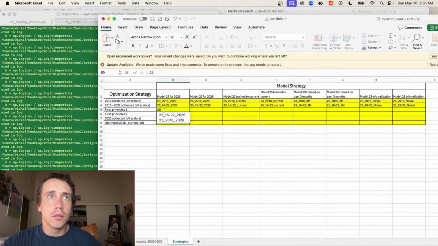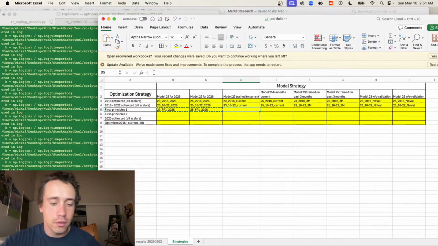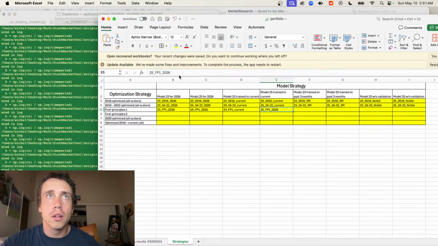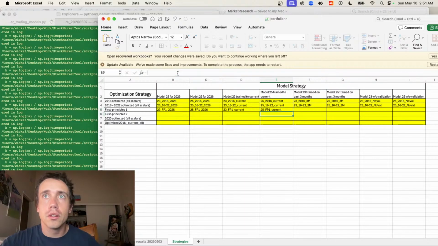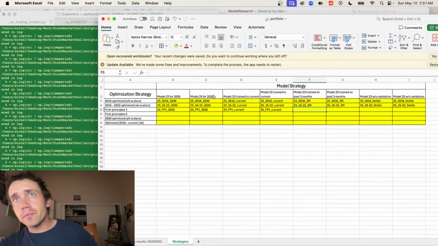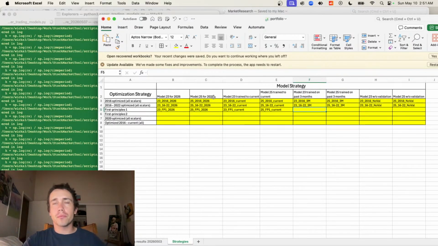All right, so 23 underscore FP1 underscore 2026. Copy that, put it here. 23 FP1, 25 FP1, 26. Copy those guys. Same thing, current model 23 trained on past 3 months.